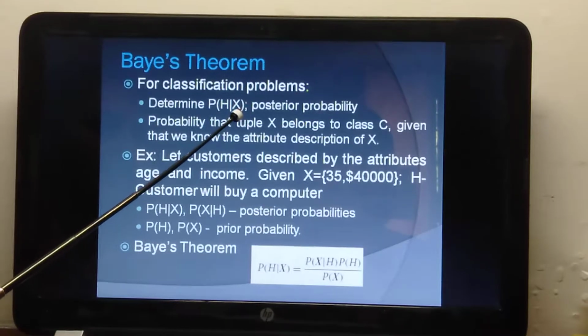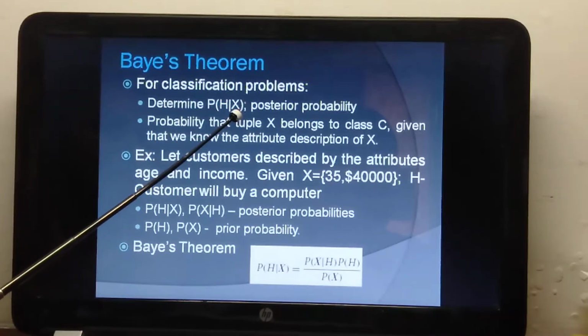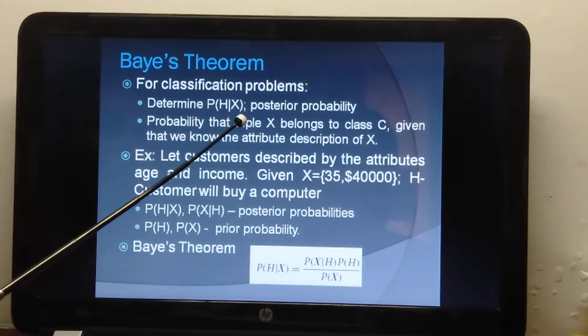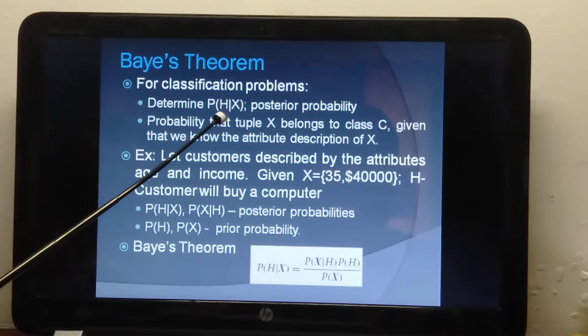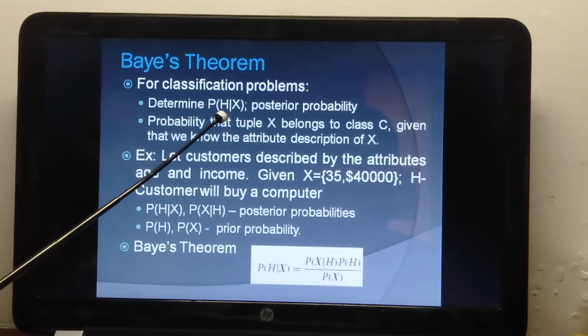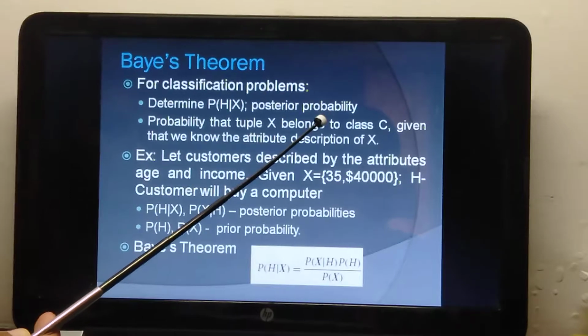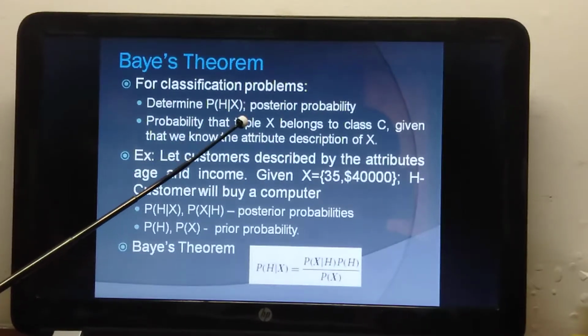When we say probability of H given X, what we actually mean is, what is the probability of the hypothesis happening if the condition X has already happened, and that is called posterior probability. That is the probability of H after X happens.